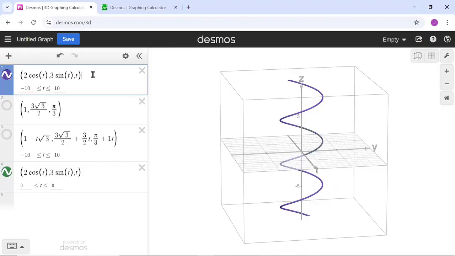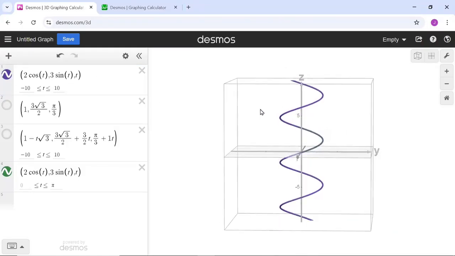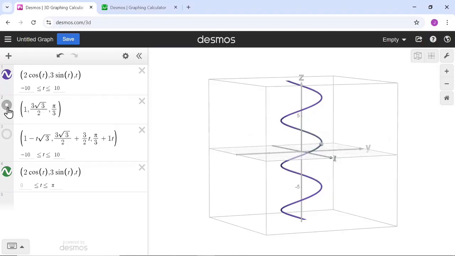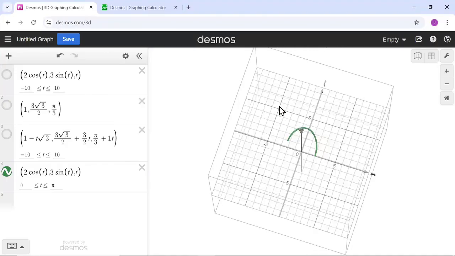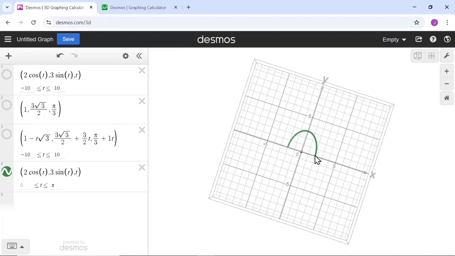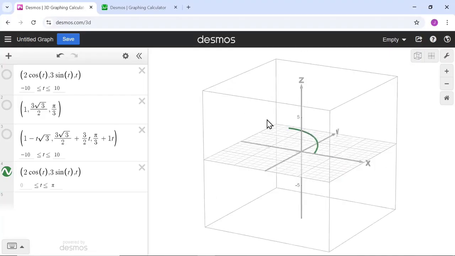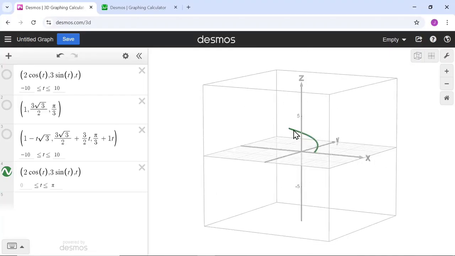Visually, we looked at tangent lines earlier of this same exact graph. So we saw that at a t value of pi over 3, we got a tangent line that looks like this. This time we're finding arc length, specifically the arc length from 0 to pi. If you look down on the z-axis, you see that it's basically like half of an ellipse, but it also gains height as it goes up.